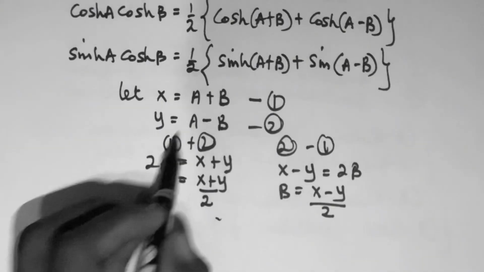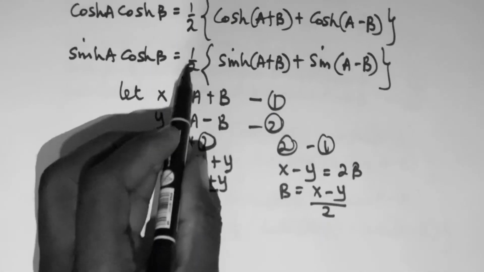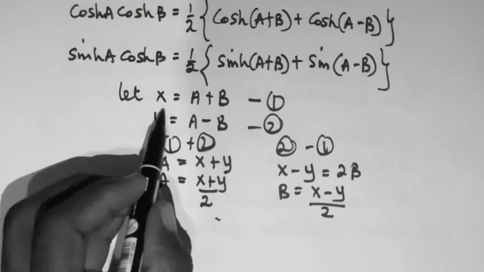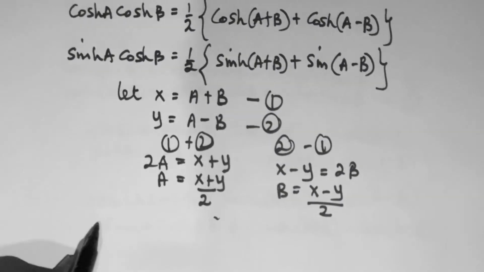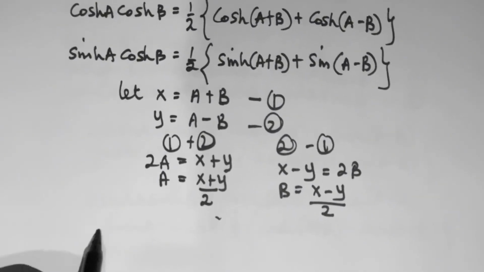So what it means is that now let's multiply through by 2, so this half will go away, and this becomes 2.